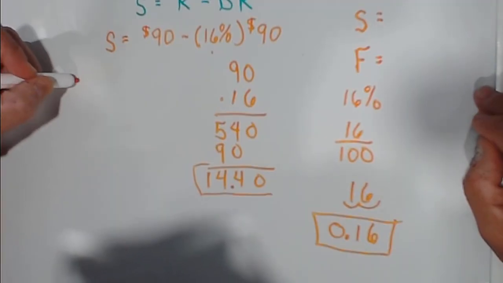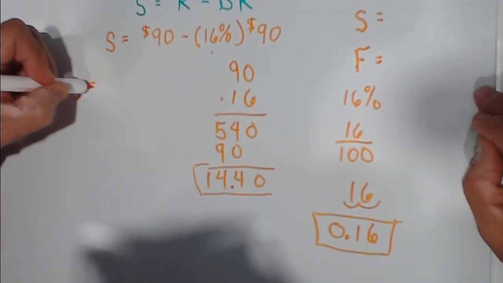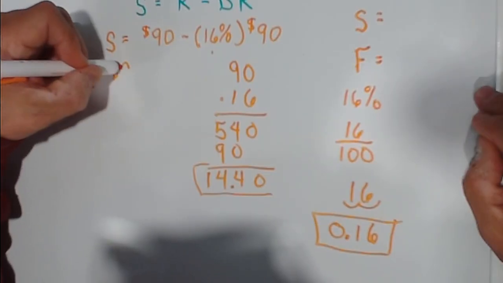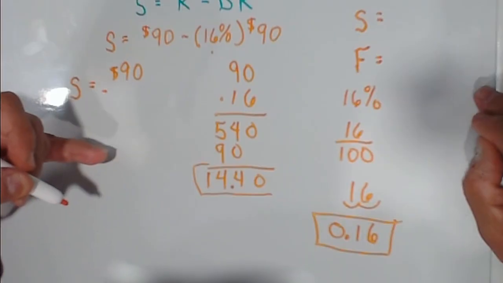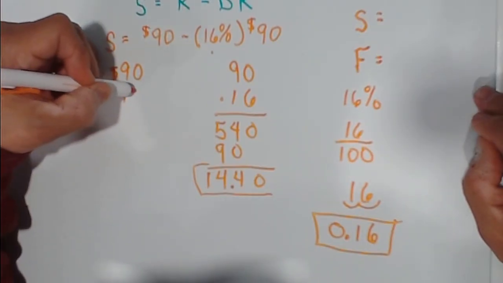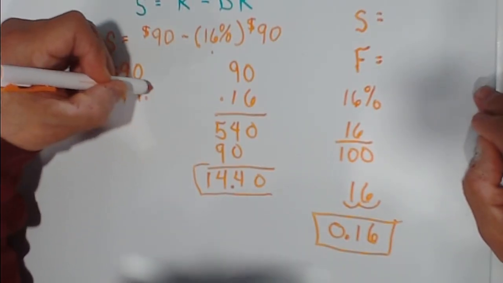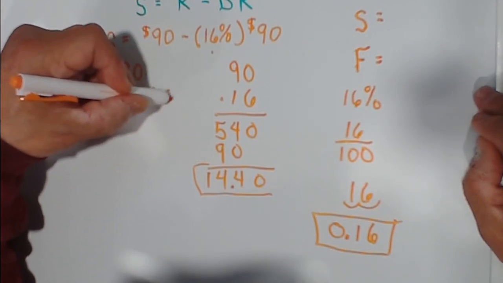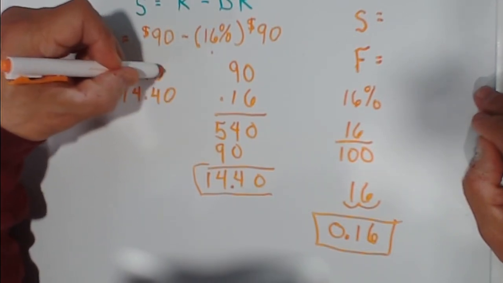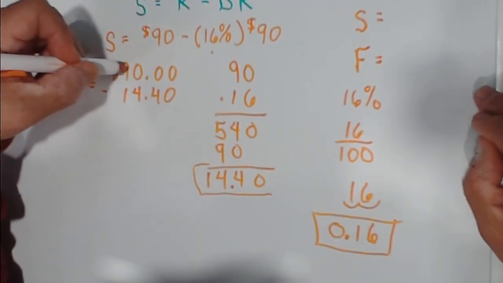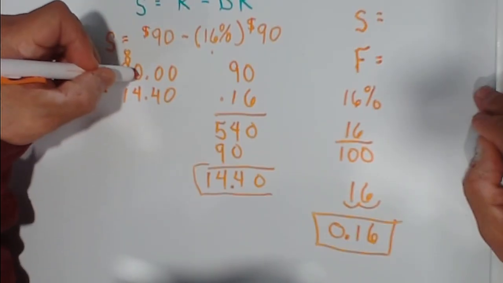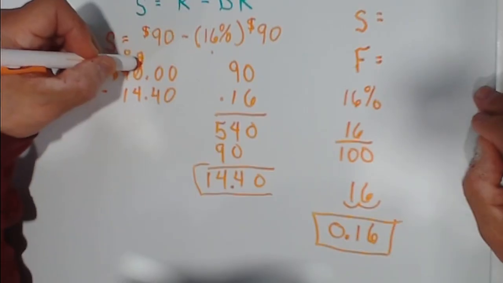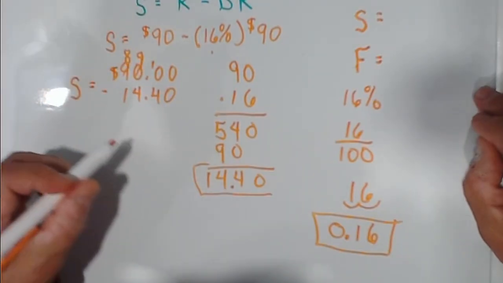So the sale price is equal to $90 minus $14.40. I'll put it in column format because I think it's easier. We add the decimal place and borrow, so that 9 becomes an 8, and we keep borrowing to get a 10 here.